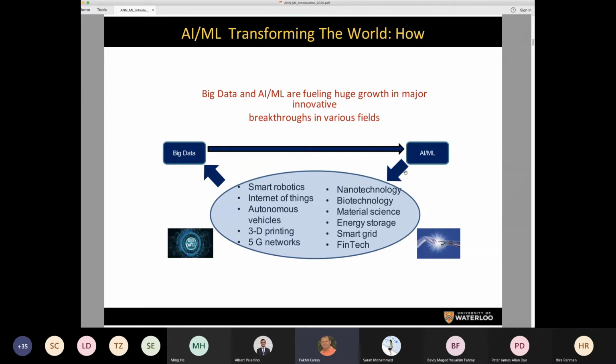AI and machine learning are transforming the world, and this is a fact. How is this happening? Mostly because of the accessibility to a huge amount of data and to powerful algorithms. Let me note here that many of these algorithms haven't been developed very recently.